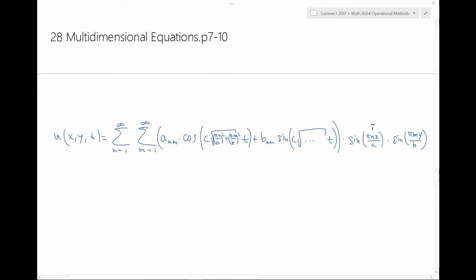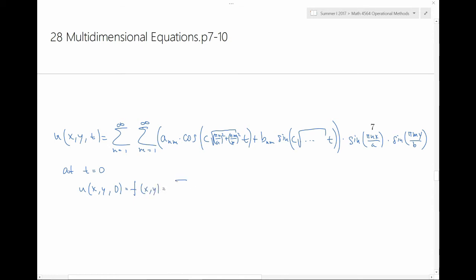Now the last thing I'm going to do here is to figure out the coefficients a n m and b n m. And that can be done by plugging in t equals 0. For t equals 0, we have that u of x, y at t equals 0 was fixed to be f of x, y.